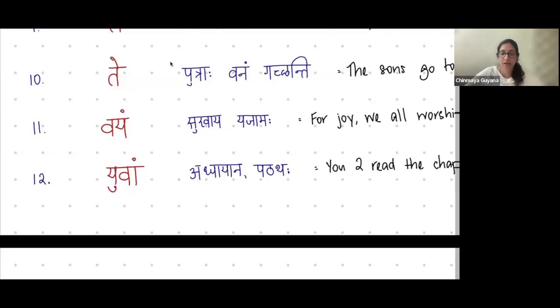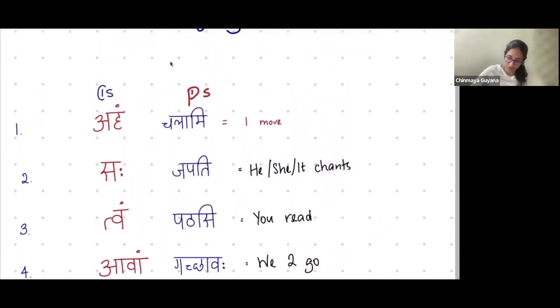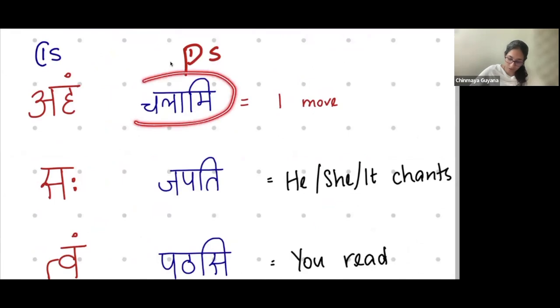Okay. So this is how we take the pronouns that I gave and we put them in the phrases that we did. Now you'll notice something very interesting about Sanskrit is that actually a single word is enough to make a sentence. Because in this single word, you have a verb root, which gives the meaning to move, and you have the ending, which provides the I part.